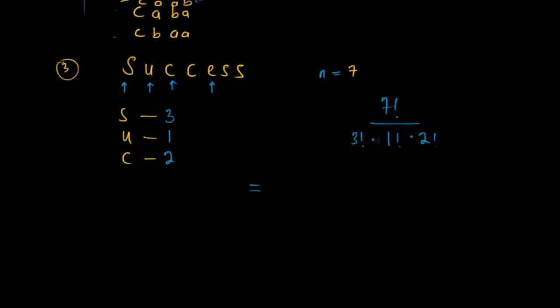To simplify this, we know 7 factorial is just 7 times 6 times 5 times 4 times 3 times 2 times 1, divided by 3 times 2 times 1, then times 1 factorial, which is just 1, and then 2 factorial is just 2 times 1.